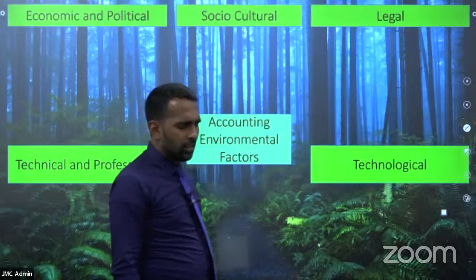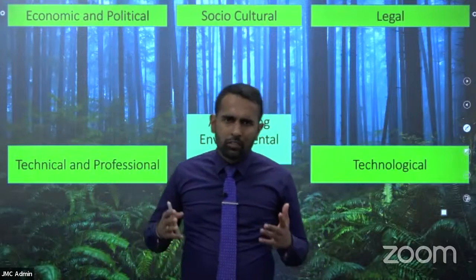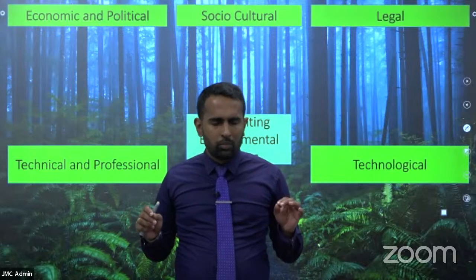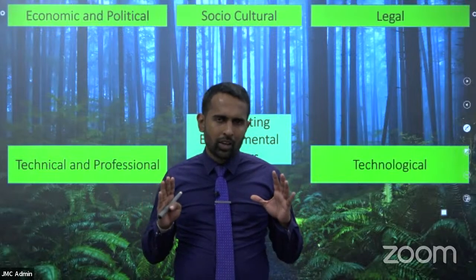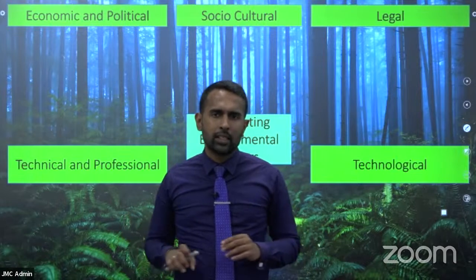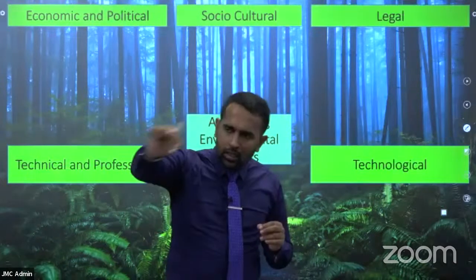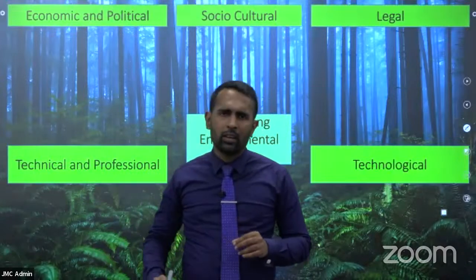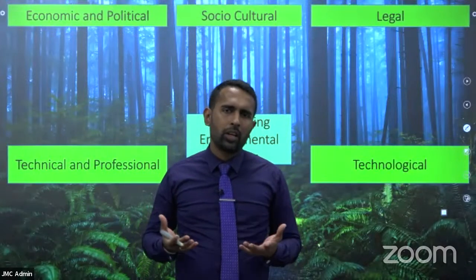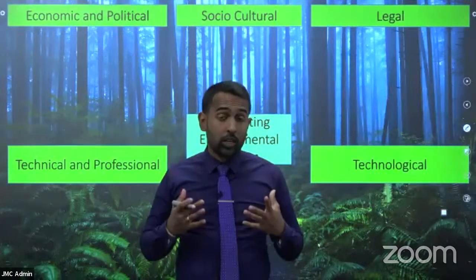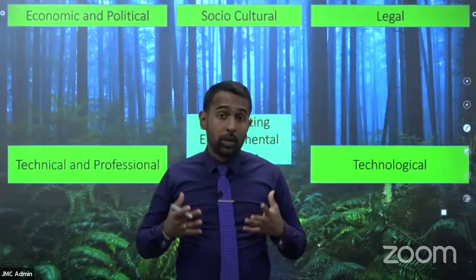Technological aspect. Now guys, everything is changing with technology, right? We don't use hard copy books as ledgers, and we don't put the double entry in using a pen, this account debit, this account credit. Everything is computerized now. We are using computerized accounting packages, enterprise resource planning solutions, and we have artificial intelligence.